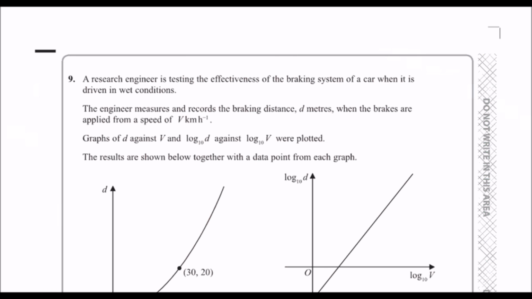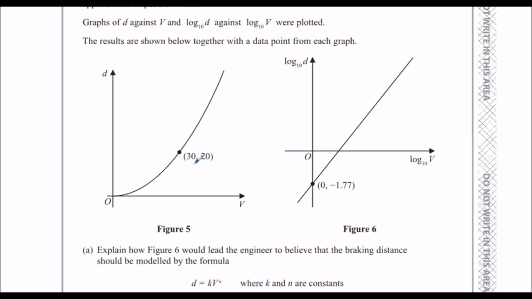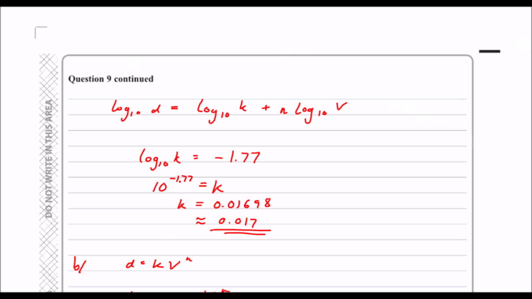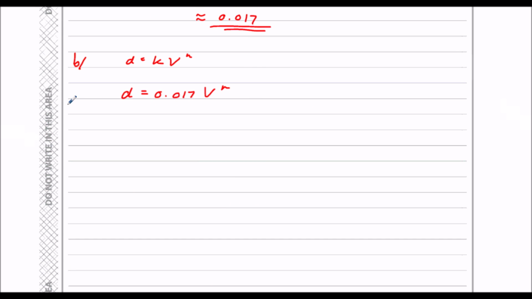And if we use the first graph, we know when v is 30, d is 20. So 20 equals 0.017 times 30 to the power of n.